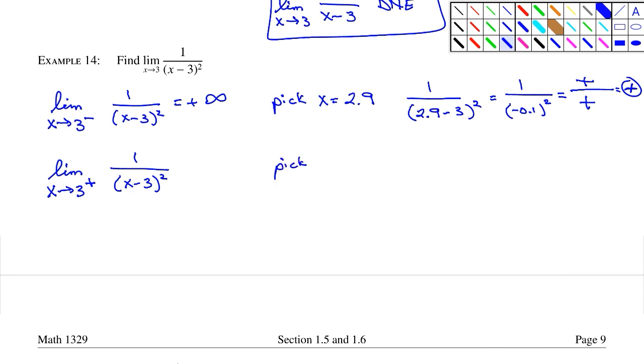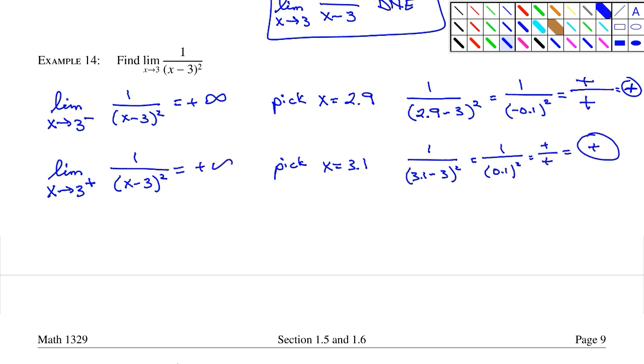I'm going to pick x is equal to 3.1. It's going to be 1 over 3.1 minus 3 squared, which is 1 over 0.1 squared, which is a positive over a positive again. So this is positive, and this one is positive infinity.